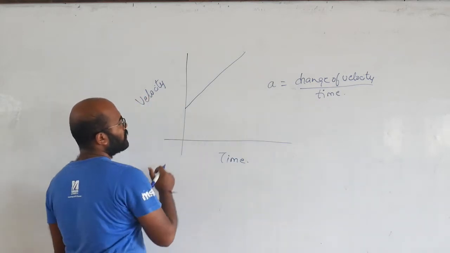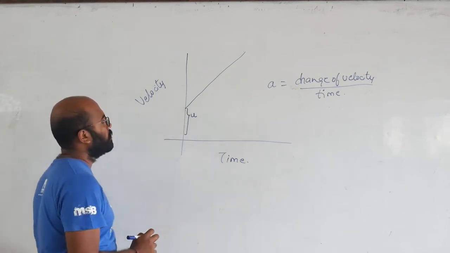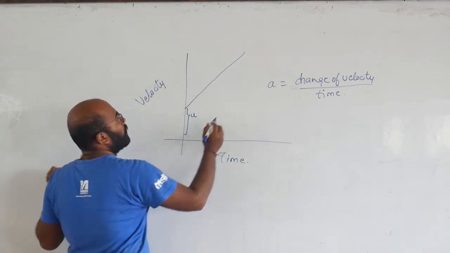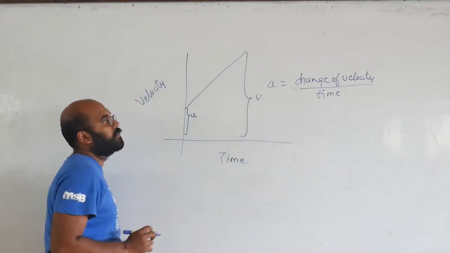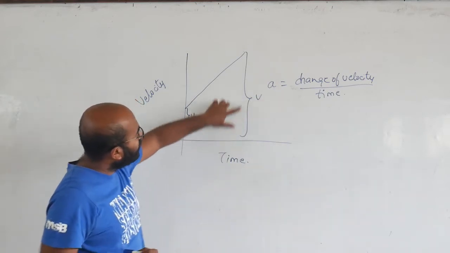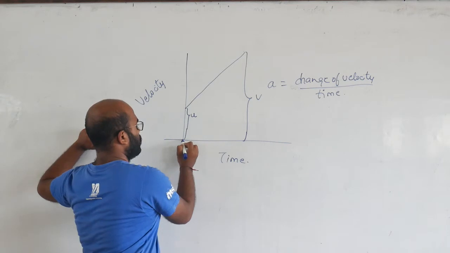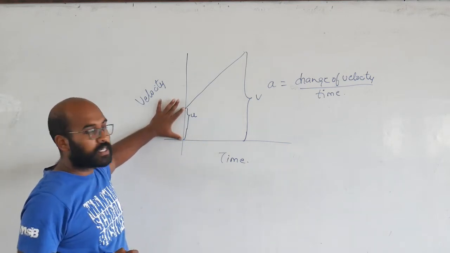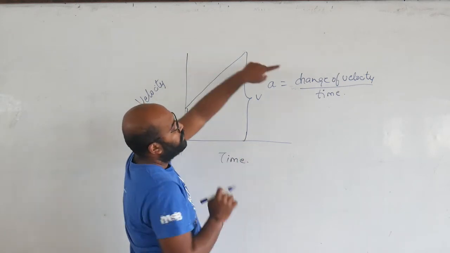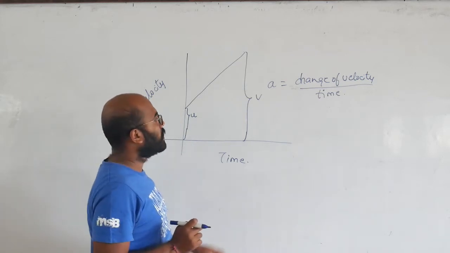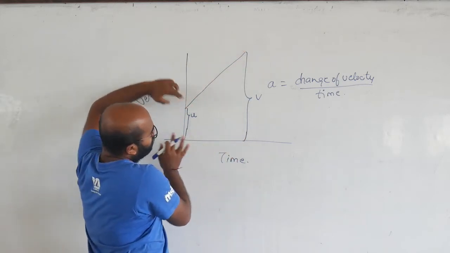When we look at this graph, this part is the initial velocity because it's starting with some value. This entire part is the final velocity, that is v. So it has attained some velocity. When I say change of velocity, that is the difference between the final velocity and the initial velocity.